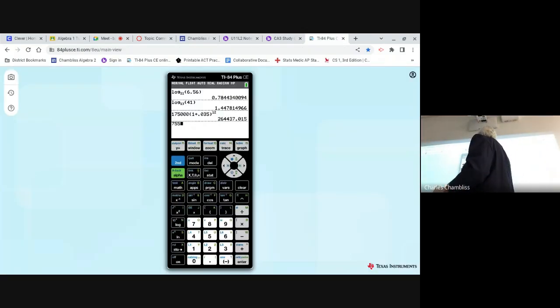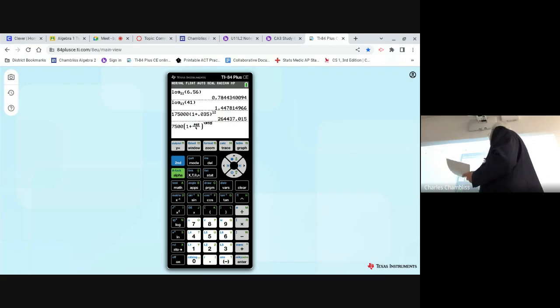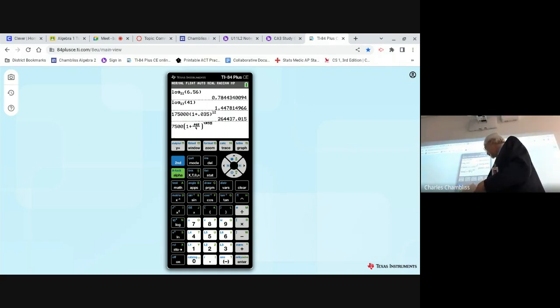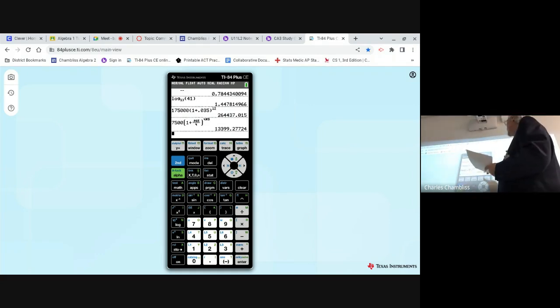So 7,500 parentheses 1 plus alpha enter 0.065 over 4, close the parentheses, to the 4 times 9. Okay, everything typed in like I had it written. Press enter, and there's your amount, 13,399.28.